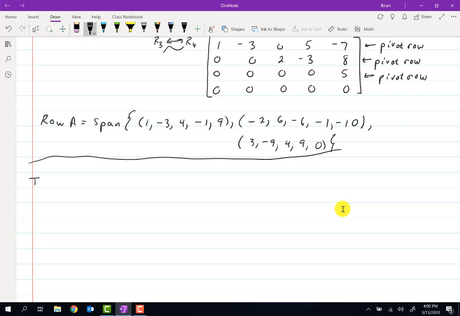You might find this theorem convenient for computing the row space of A. Here's how it goes. If A is row equivalent to B, these are matrices, of course, then their row spaces are the same.